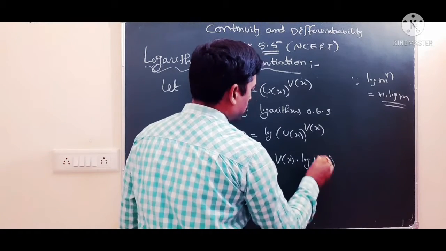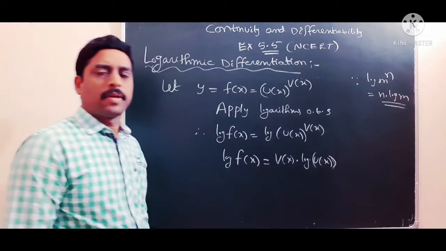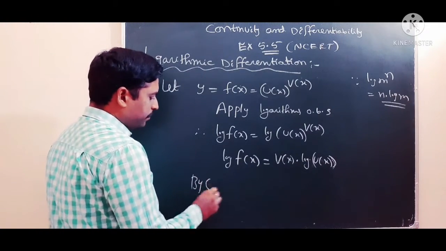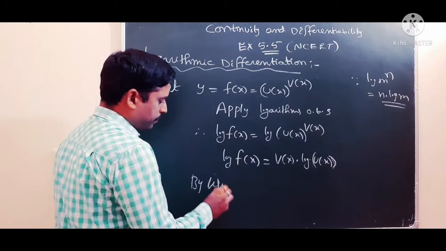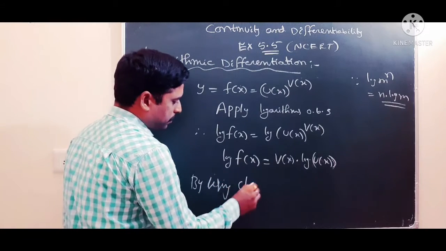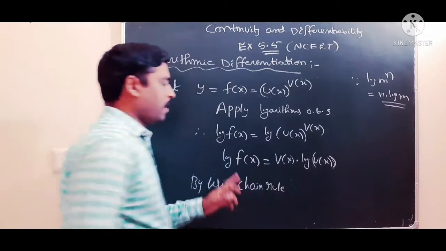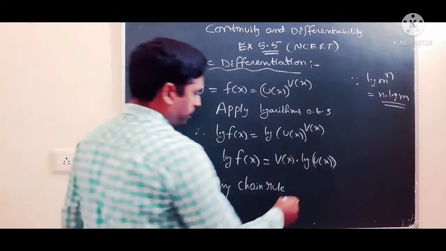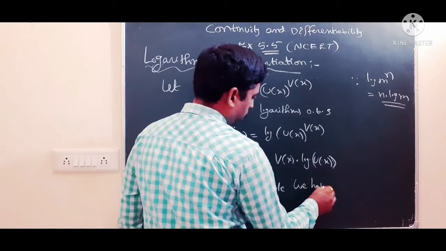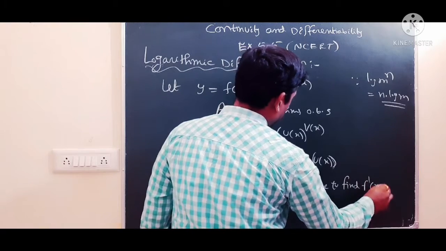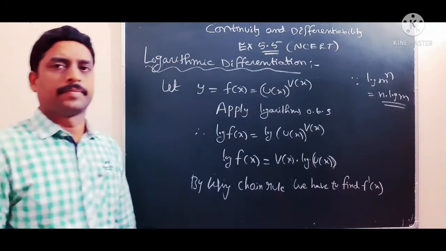By using chain rule, we have to find f dash x. This is the process.